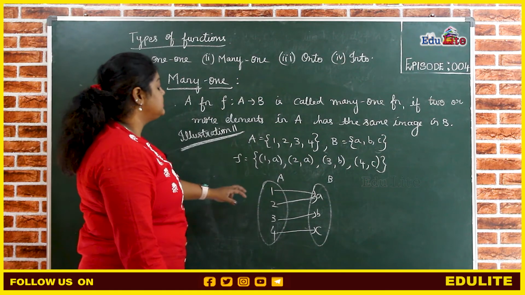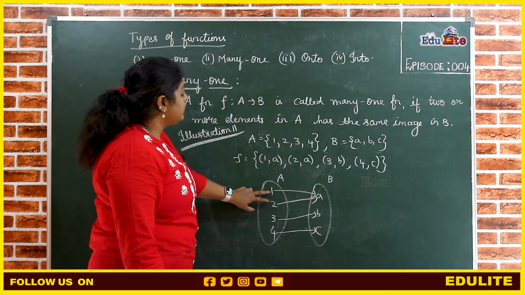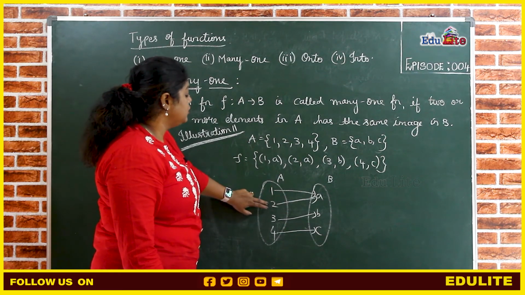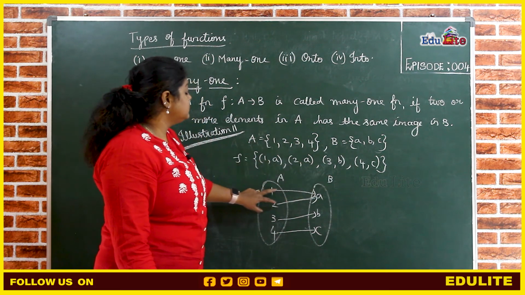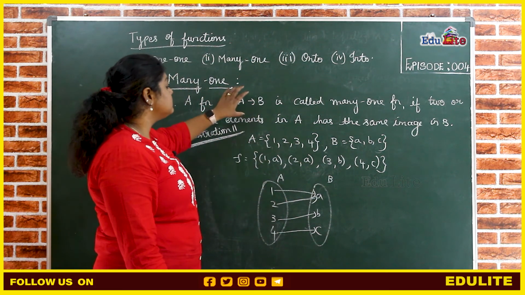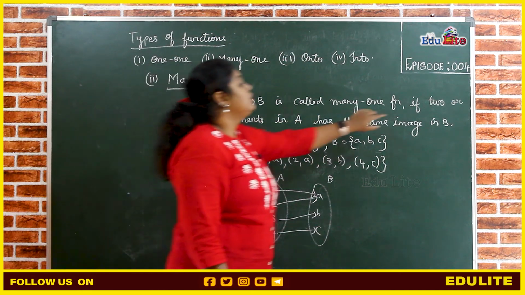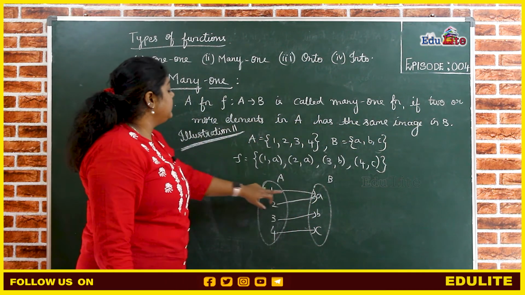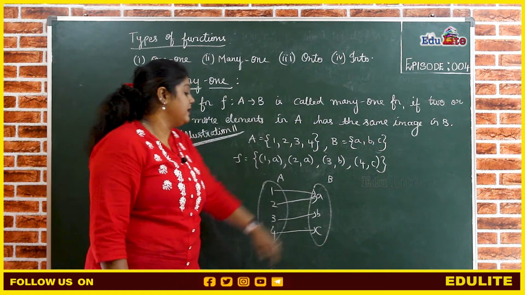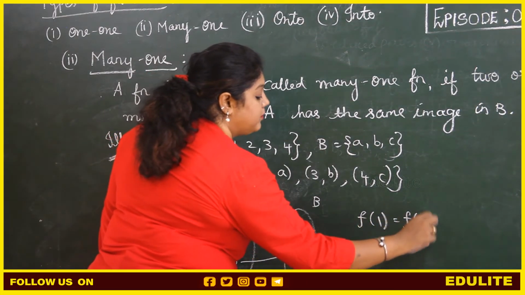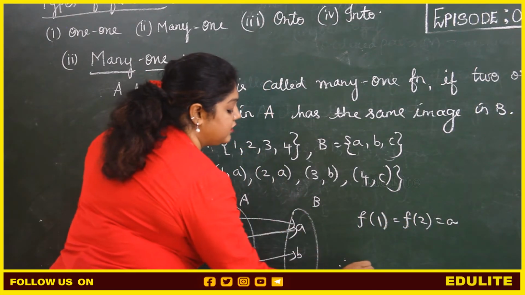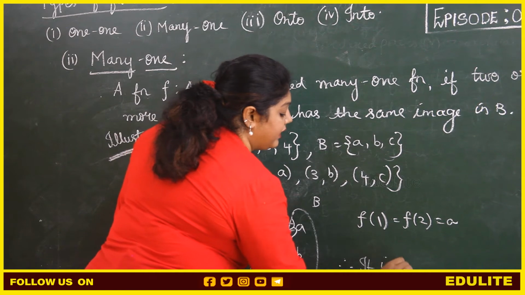If you see in this arrow diagram, two elements from A, that is 1 and 2, have the same image a in B. Therefore, this is called a many-to-one function, because a many-to-one function is defined as two or more elements in A having the same image in B. That is, f of 1 and f of 2 both have the image a. Therefore, the given function is many-to-one.